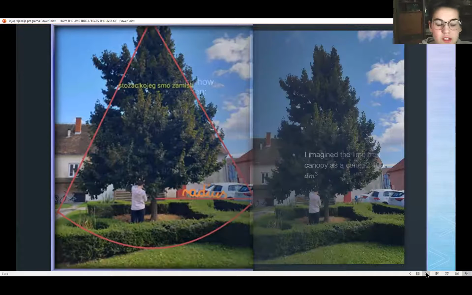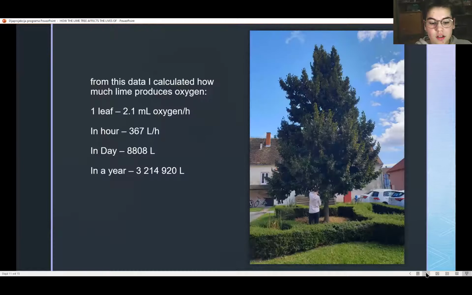So from this data and the facts that I said at the beginning of the presentation by the two scientists, Houston and Sad, I calculated how much oxygen one leaf produces in 1 hour. That is 2.1 milliliters in one hour. The whole tree produces around 367 liters of oxygen.